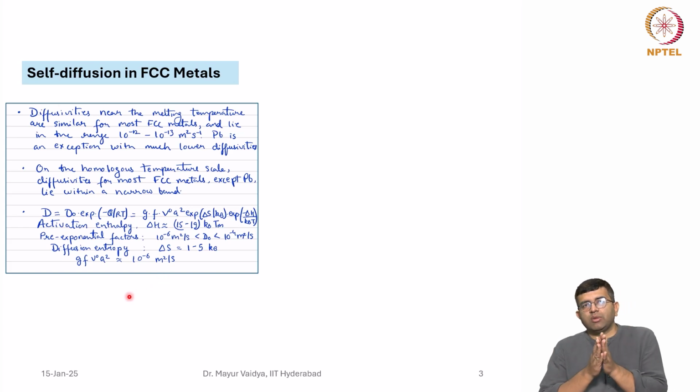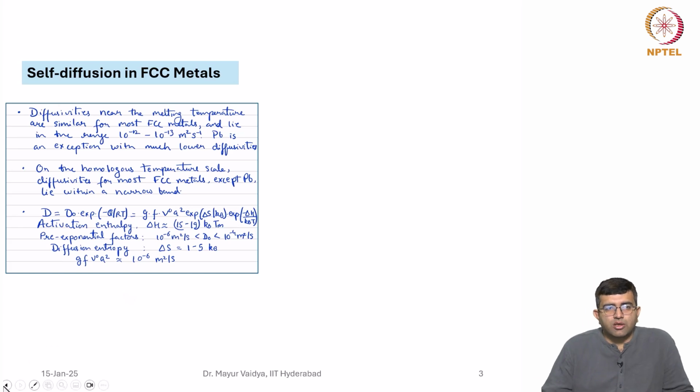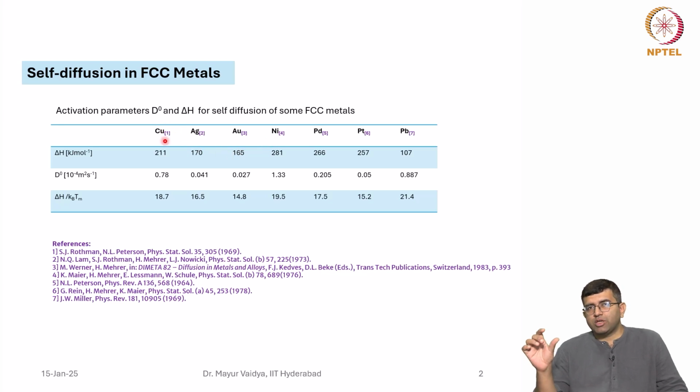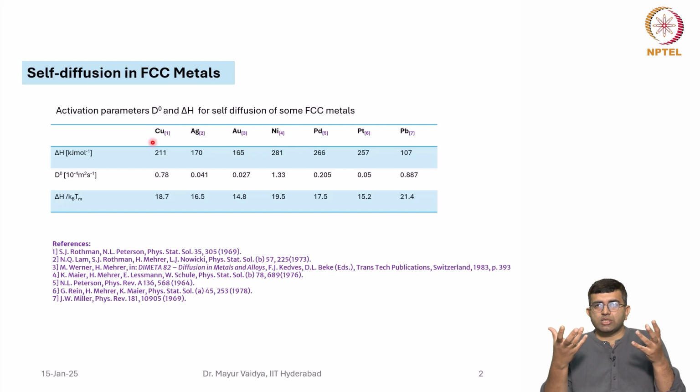So, most of the FCC metals, if you compare on the homologous temperature scale, have diffusivities within a narrow band. Remember, this homologous temperature scale is important because many times, for example, if you take copper and nickel, copper melting point is 1063 degrees, whereas nickel melts somewhere around 1400. So, if you start comparing the diffusivities at 900 absolute temperature, you may see that copper actually is diffusing faster because it is very close to its melting temperature, the vacancy concentrations are high and so on.